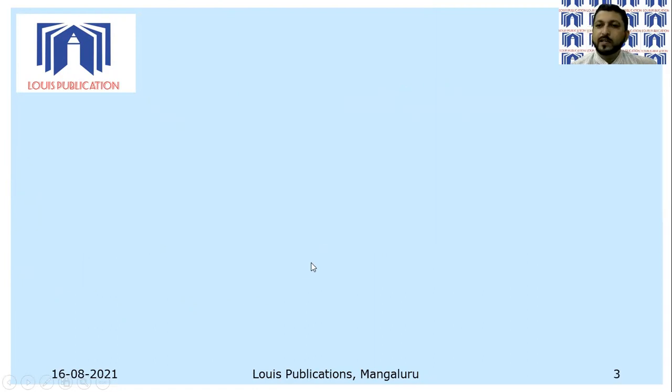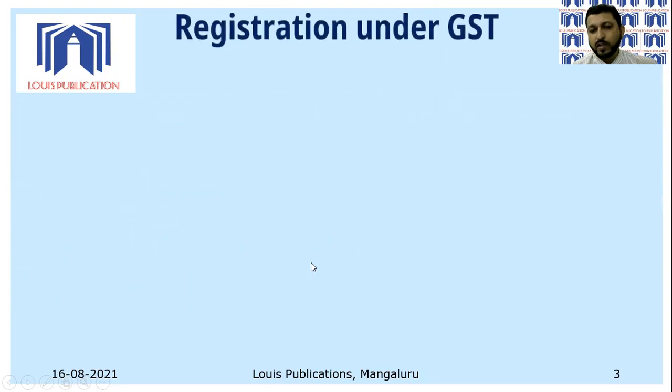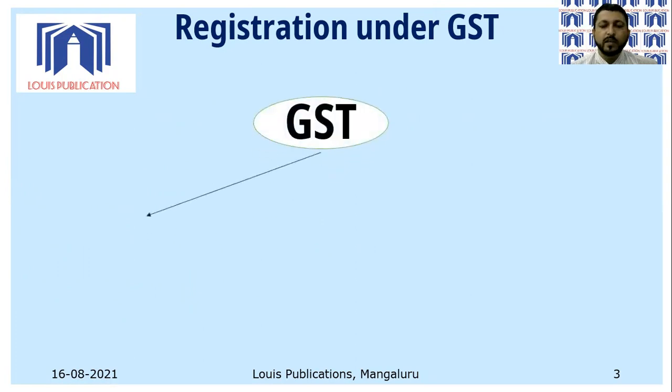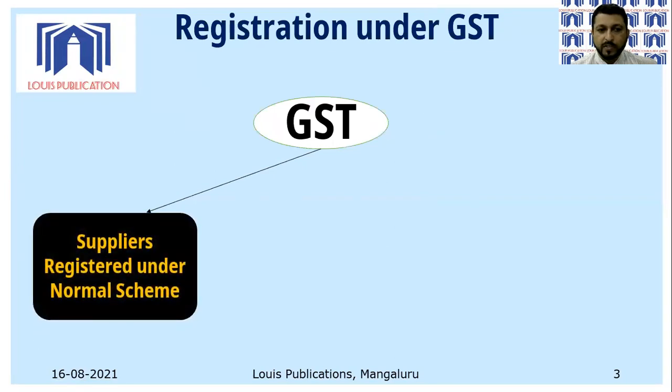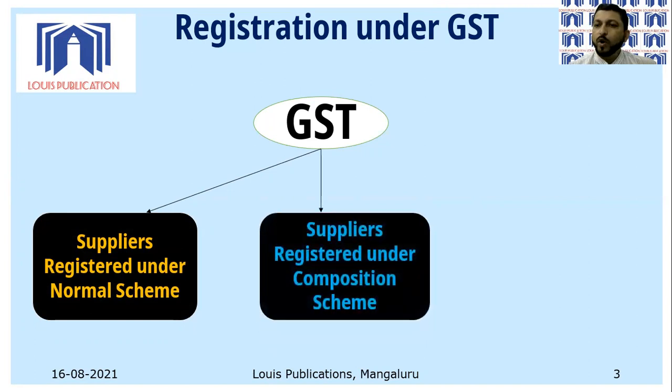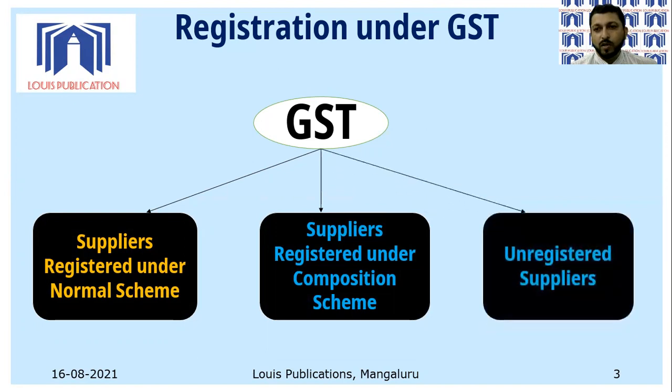So let's understand the concept of registration under GST. We have learned under GST, there are only two kinds of registration possible. Either the person registers under normal scheme, suppliers registered under normal scheme, or suppliers registered under composition scheme. But there are a set of suppliers who are not registered at all.